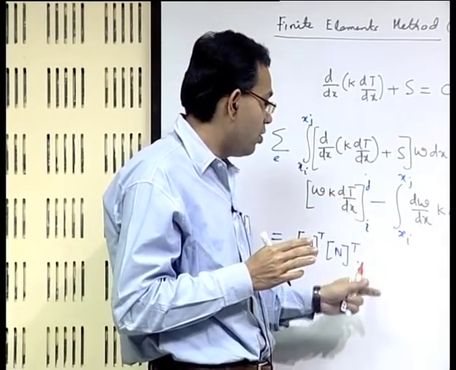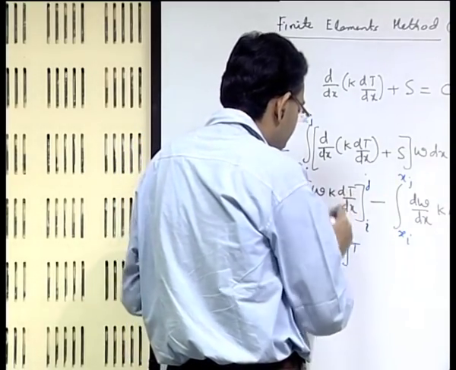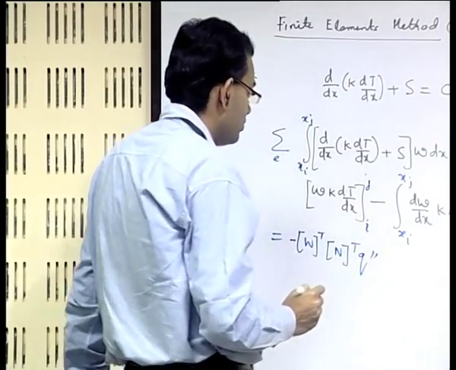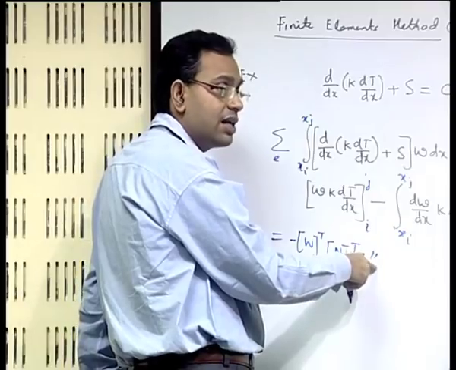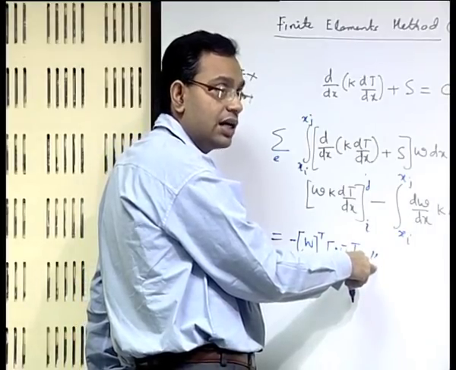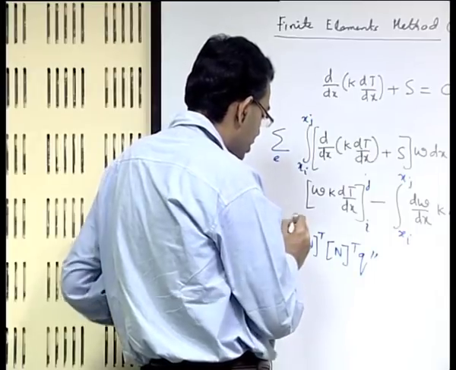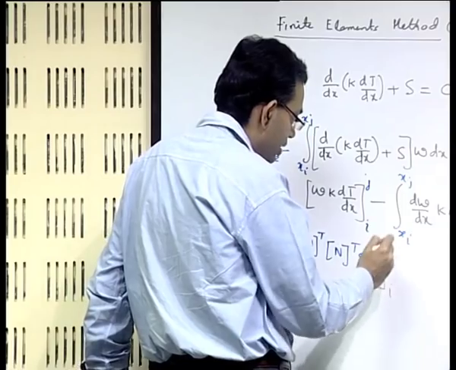So, we will keep that concept in mind, and then instead of K dt dx we will write minus of the heat flux, where Q double prime is the heat flux which is equal to minus K dt dx by Fourier's law of heat conduction. This entire thing should be evaluated between i and j.